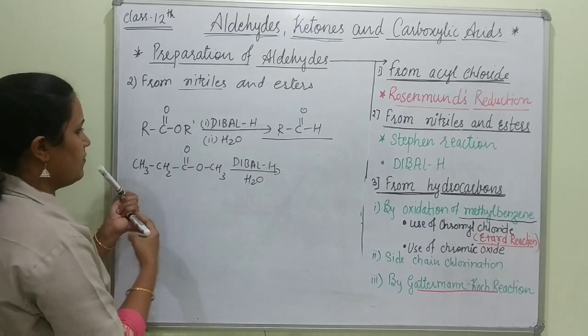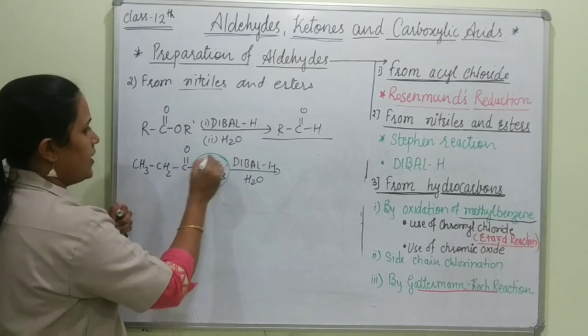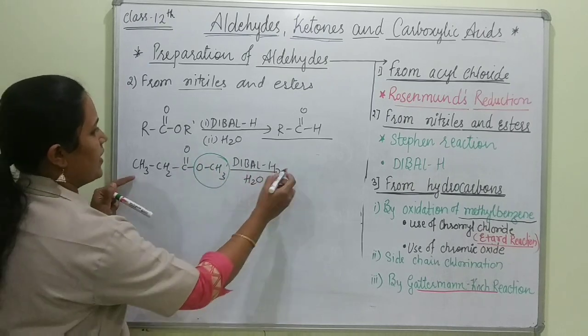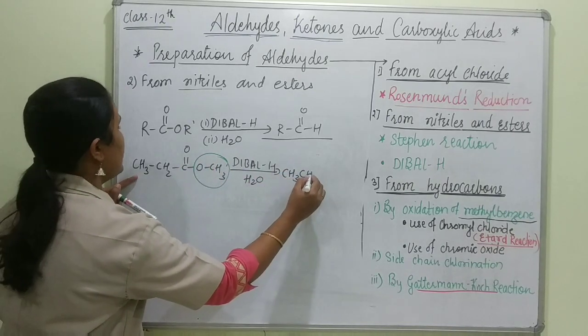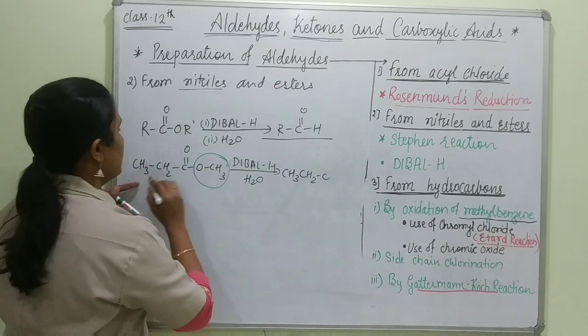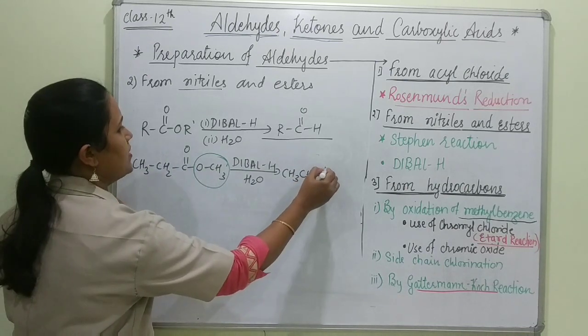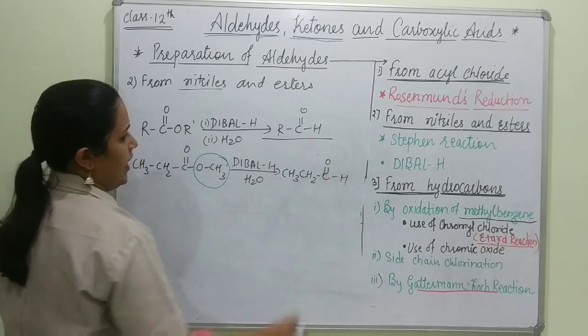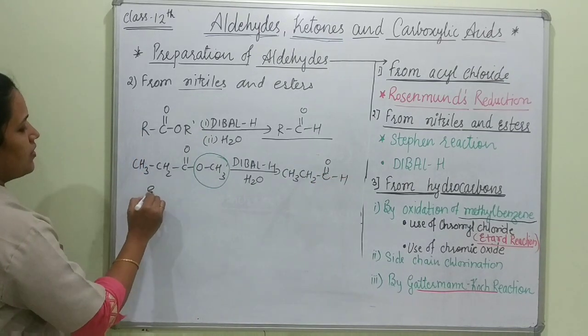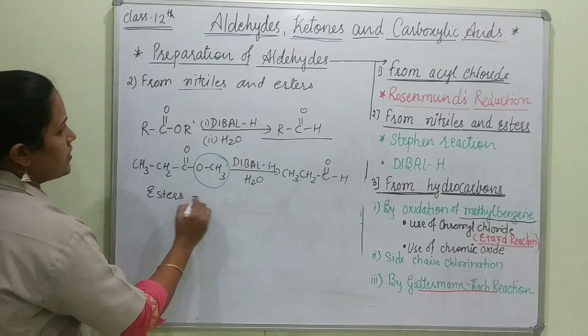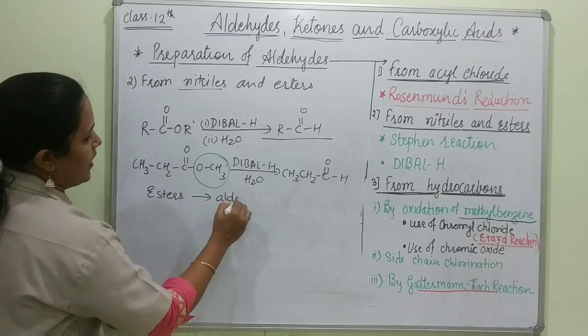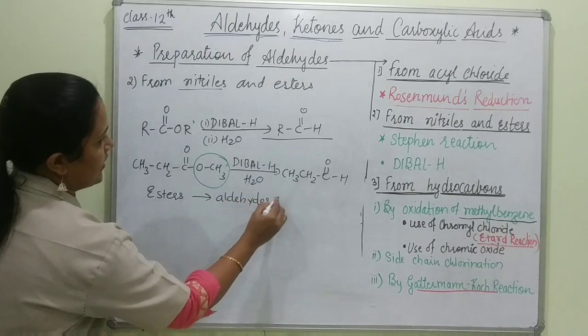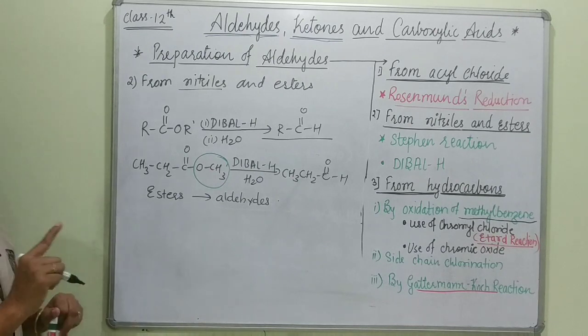Which group will get converted? This group will get converted into aldehyde and we get CH3CH2C=O and H. So in this way we can convert esters to aldehyde. Students, I hope you understood this.